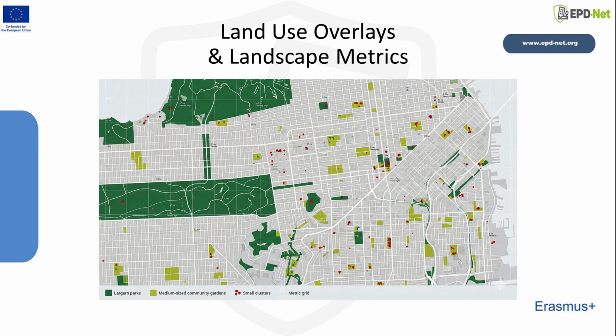Patch shape complexity: compact shapes reduce edge effects compared with elongated or irregular patches. Isolation, or proximity: the distance between habitat patches. Lower isolation improves species dispersal, colonization and gene flow, increasing ecosystem resilience.